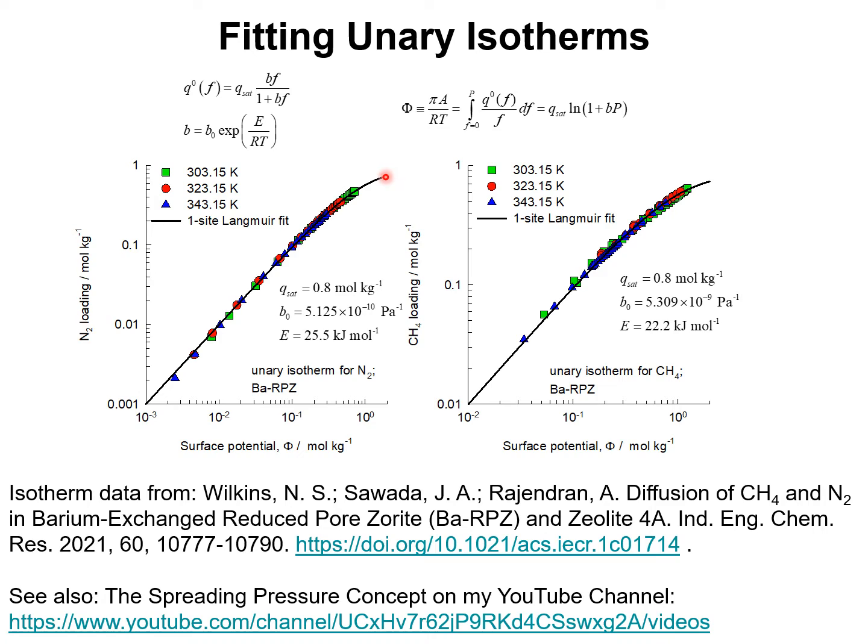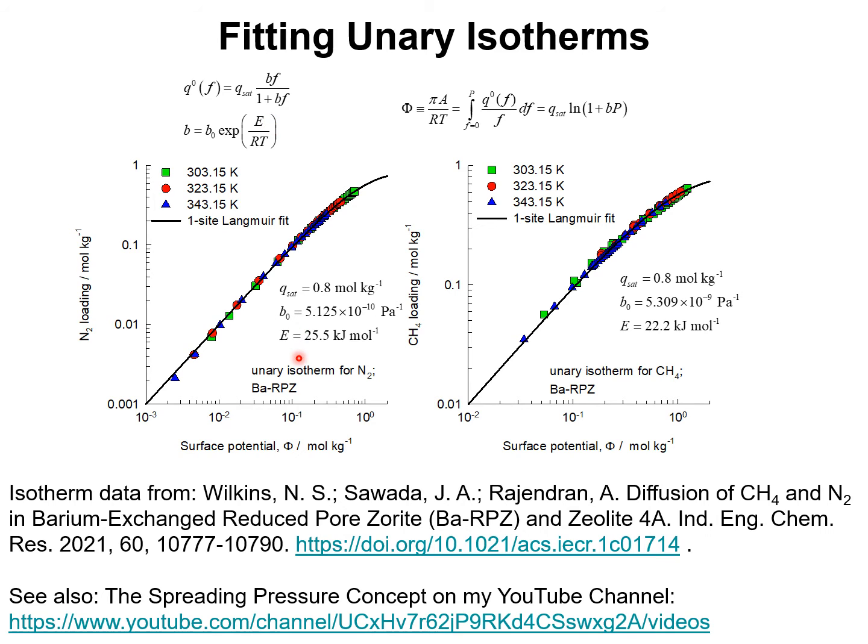In the context of unary isotherm data fitting, the entire data set can be fitted using three parameters: the saturation capacity, the Langmuir parameter B0, and the energy parameter related to the temperature dependence of the Langmuir parameter.